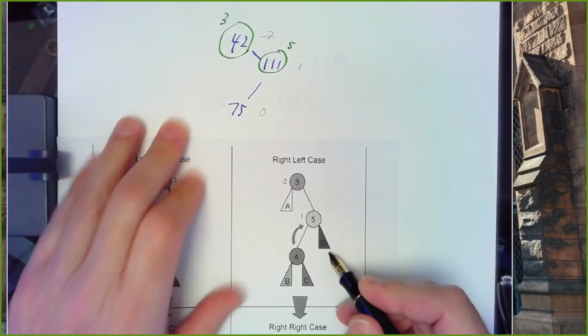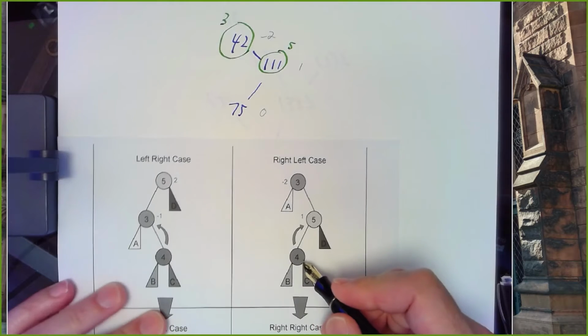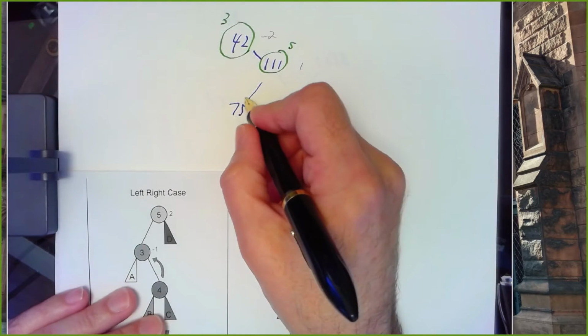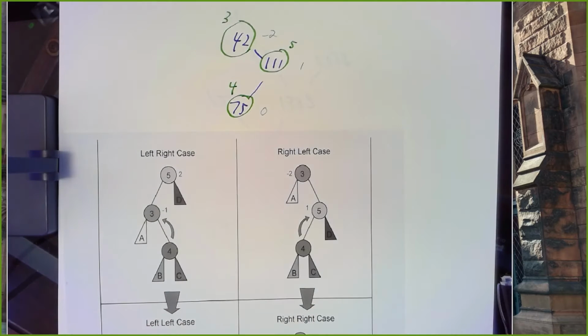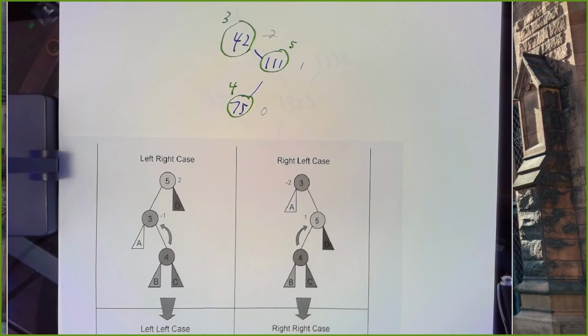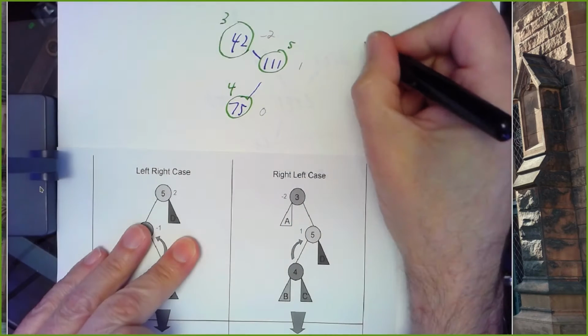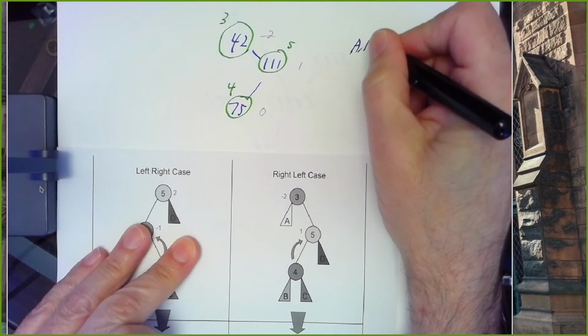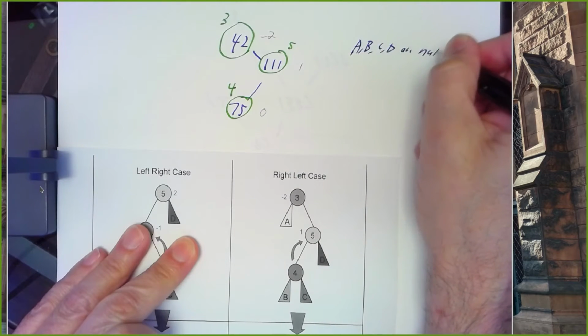Node 5's right subtree would be D, that's null. Node 5's left node is labeled 4. And 4's children are subtrees B and C, and those are null. So I'm going to put a note here. A, B, C, and D are all null.